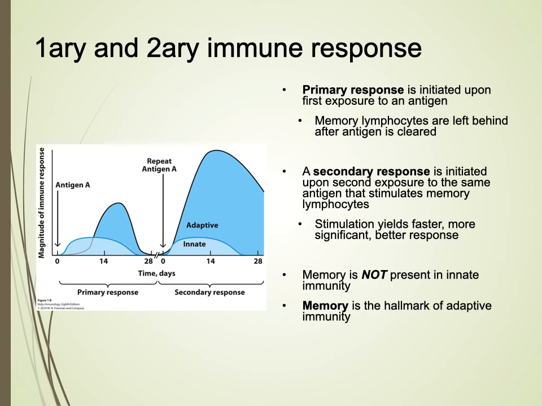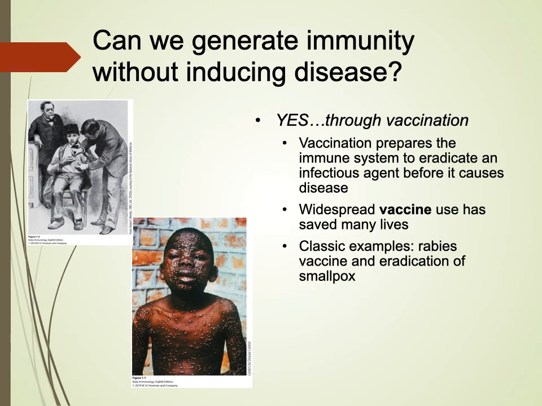That's a really key part of adaptive immunity, this memory population. And this happens naturally when you become infected with a pathogen. So can we take advantage of this memory population, and can we induce this without actually getting the disease? The answer is yes.